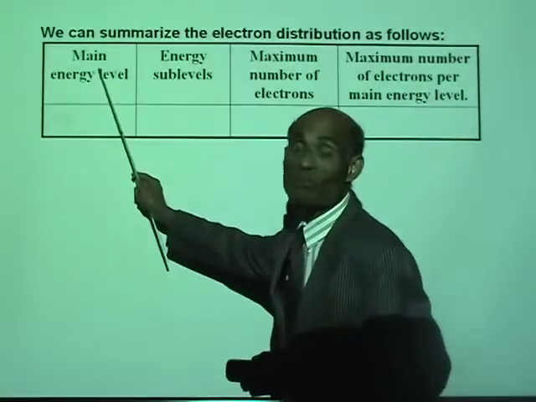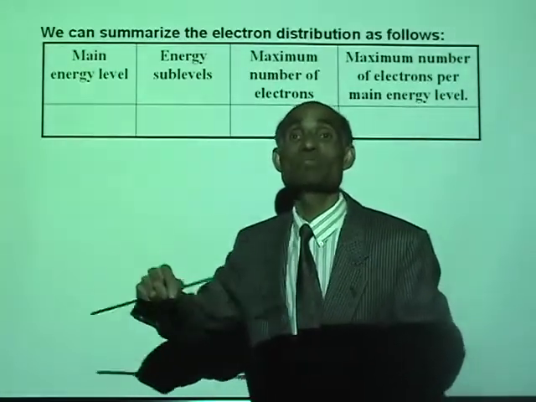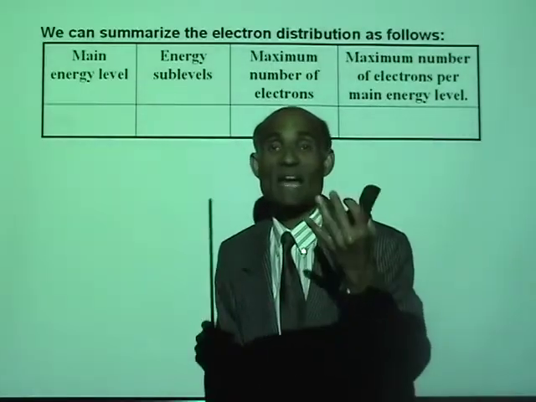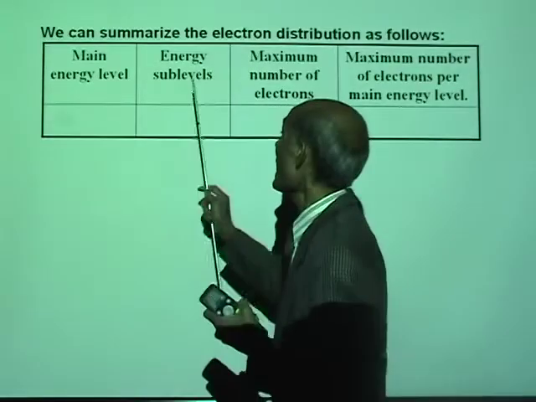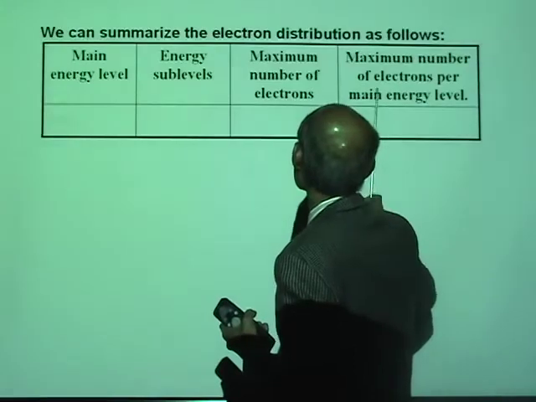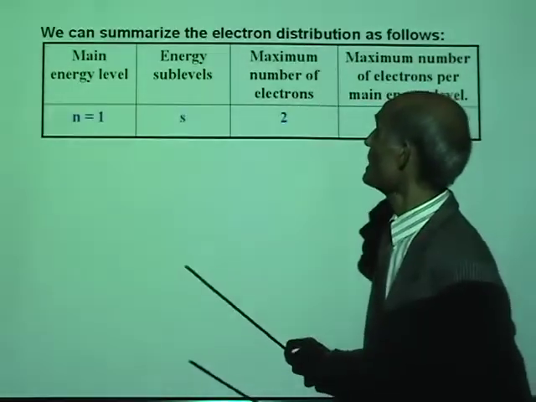Main energy level, which we call n equal to 1, n equal to 2, n equal to 3. Then energy sub-levels. Each can have S, P, D, F and so on. And the maximum number of electrons per subshell and the maximum number of electrons per main level. Alright, let's go.